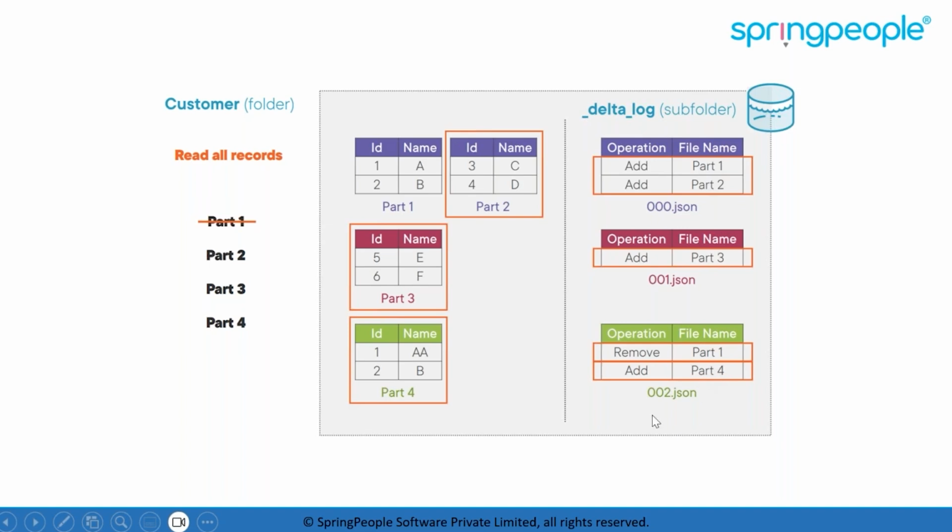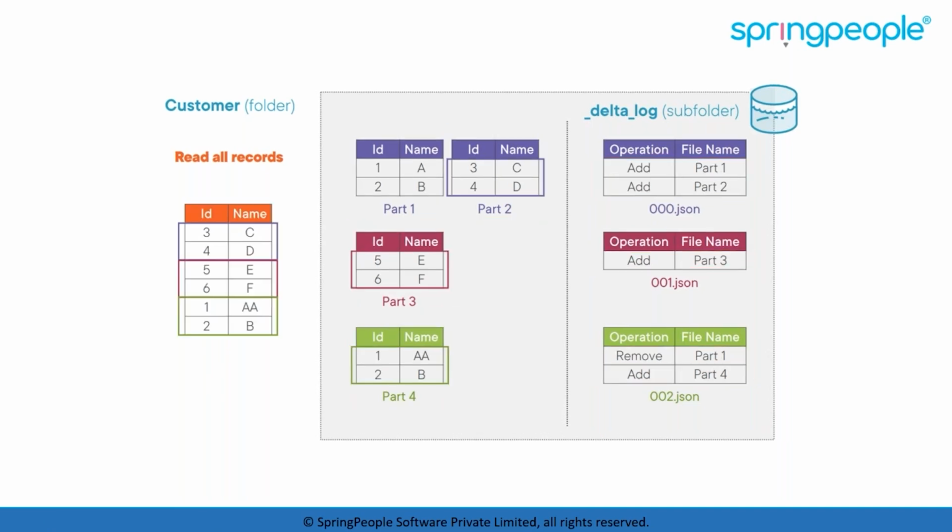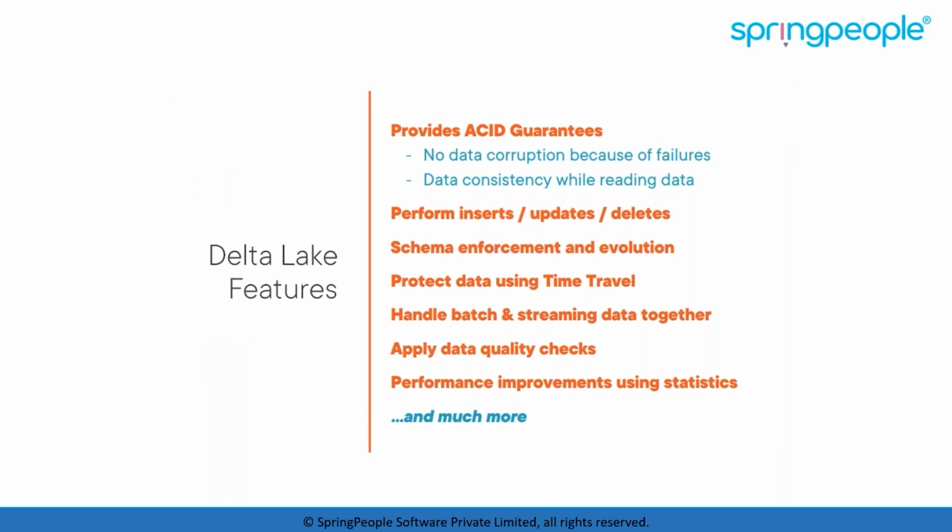And finally, the 2.json is saying remove part 1 and just add part 4. So it is going to read the data from part 2, part 3, part 4. Since we already mentioned remove part 1, it is not going to read the data from the part 1 file. So that's how the transaction log is helping us to read only the consistent data. Okay? So this is how the data looks.